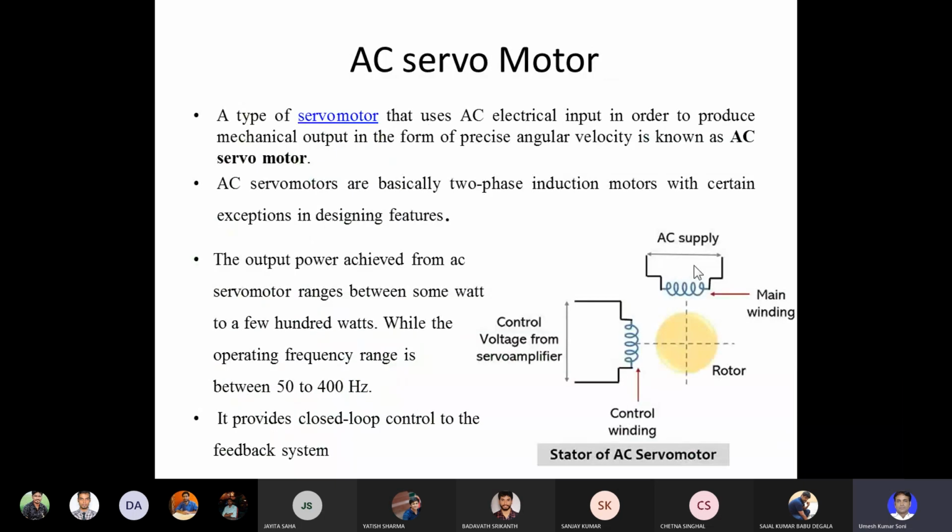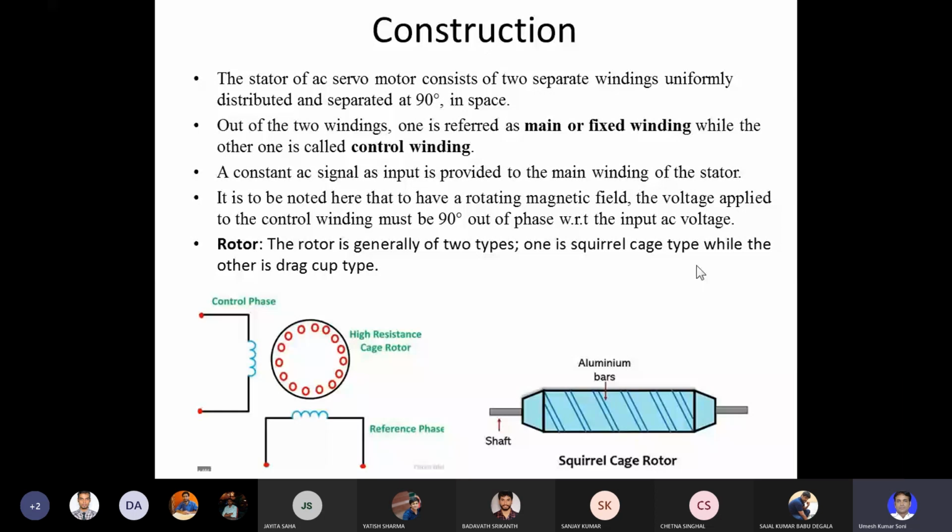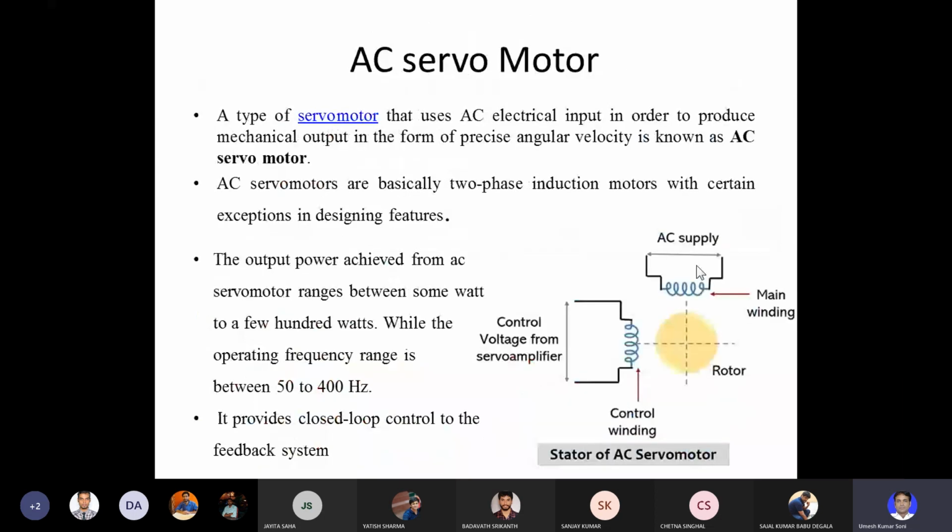Here you have the AC servo motor. The AC servo motor works on the same theory as a single phase induction motor, but this rotor has a special construction and the radius is small. Two coils are placed at 90 degrees to each other, and one of the coils is given a fixed AC supply, and the other coil is given a variable voltage AC supply from the servo amplifier.